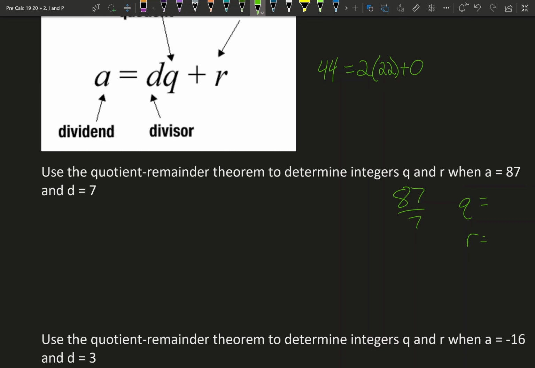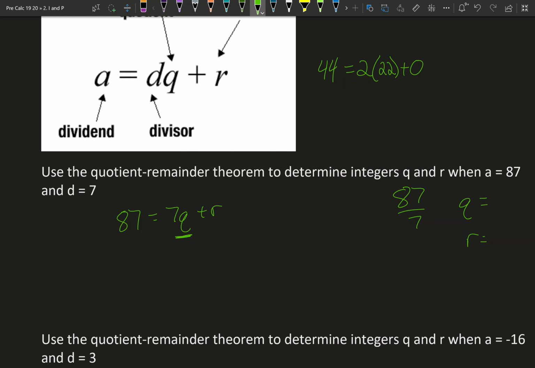That's what we're looking for, just written in this way to use the quotient remainder theorem. So we write this out. 87 is our dividend. Our divisor is 7 multiplied by some quotient. We don't know what the quotient is yet. And then plus some remainder.